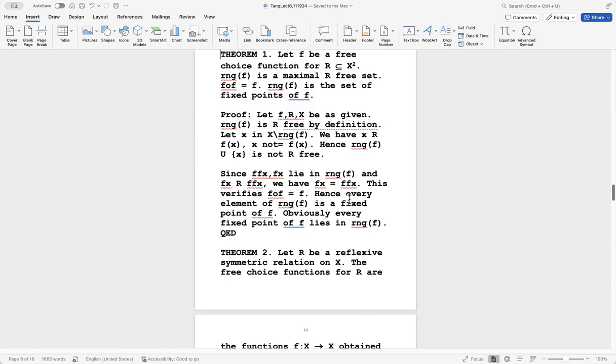If I have some X outside the range, then I must have X R F of X by the definition of a choice function, and X must not be F of X because it's outside. So hence the range of F union X is not free by the definition of free.